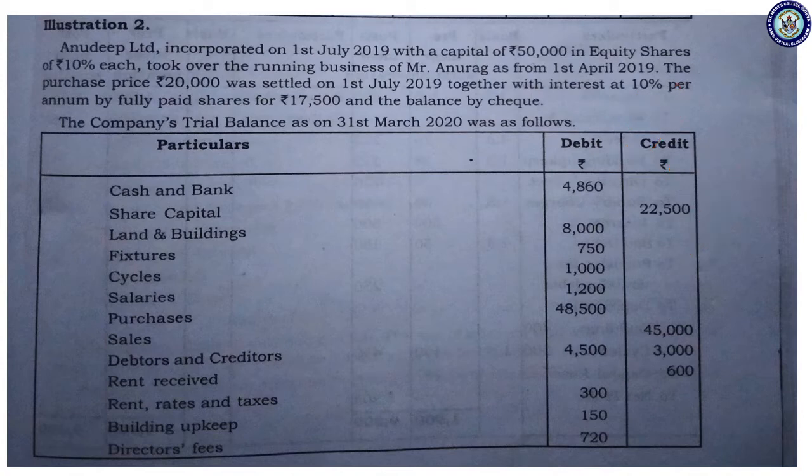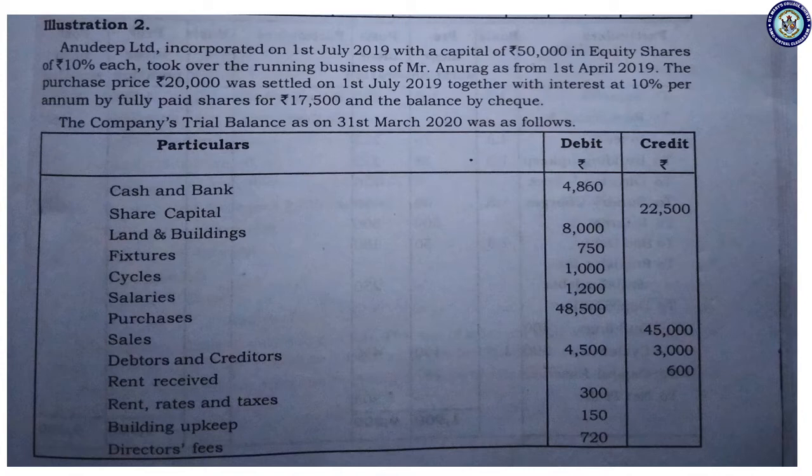So next you have to calculate the sales ratio, right? Sales ratio. Okay, now you see here the total sale is 45,000. That is the total sale. Now you see point number 3, adjustment.